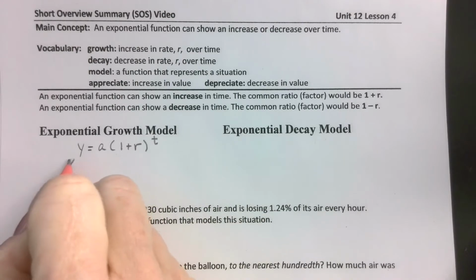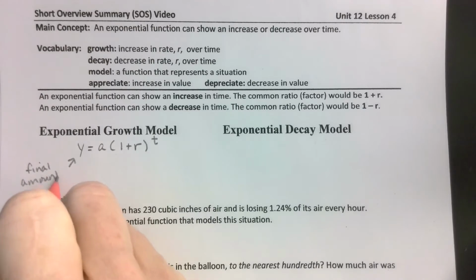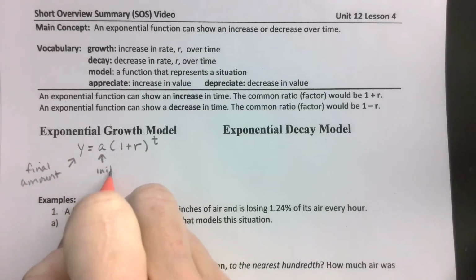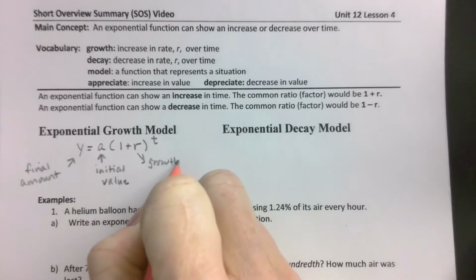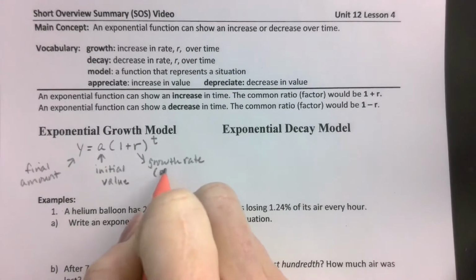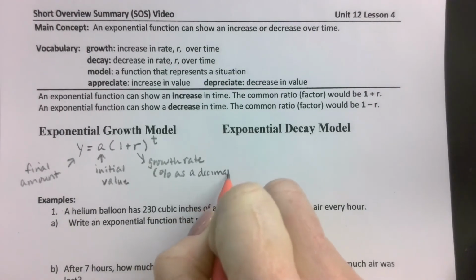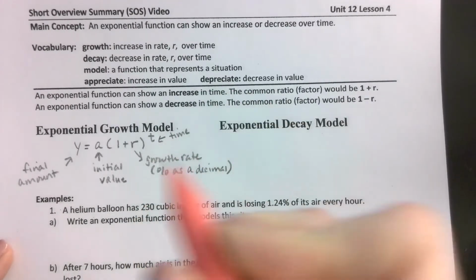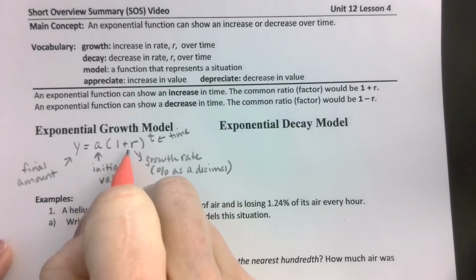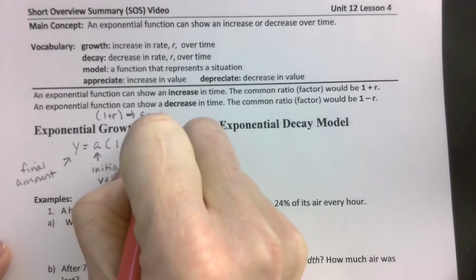Your y represents the final amount, a represents the initial value, the r represents the growth rate, which is a percent as a decimal, and the t represents the time. 1 plus r, when we add 1 to the growth rate, is our growth factor.